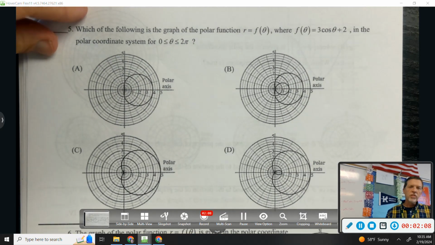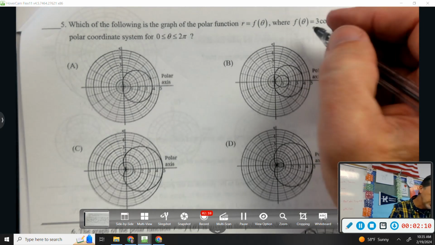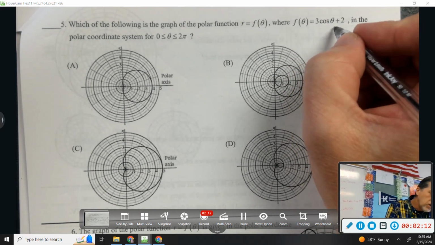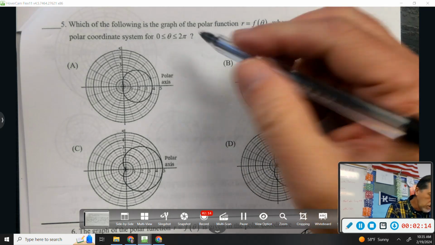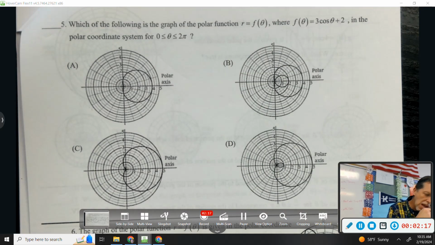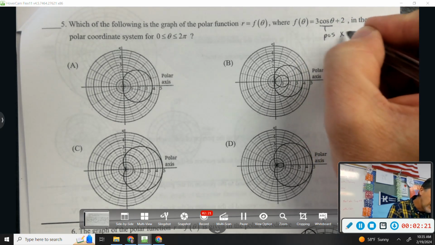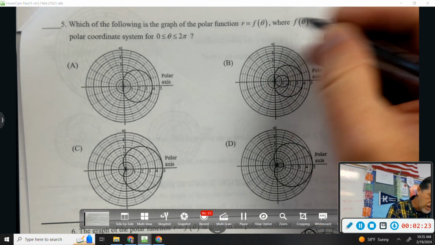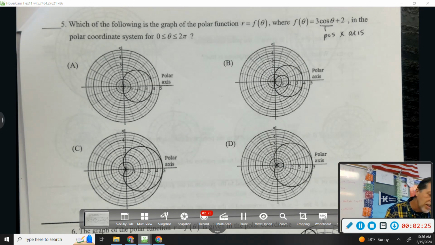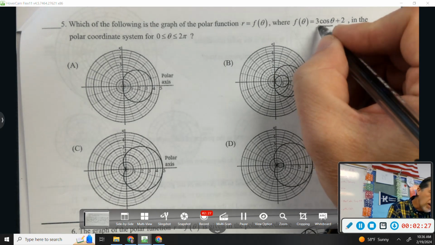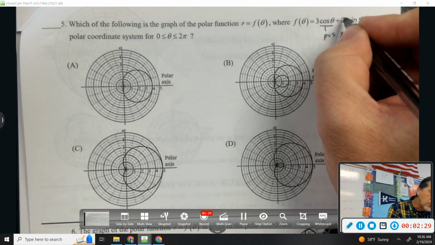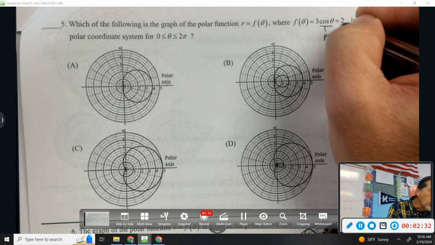Number 5. Which of the following is the graph of the polar function 3 cosine theta plus 2 in the polar coordinate system, 0 to 2 pi? Okay, so I know I'm on the positive x-axis. They're all on the positive x-axis. 3 plus 2, but the 2 is the circle part.